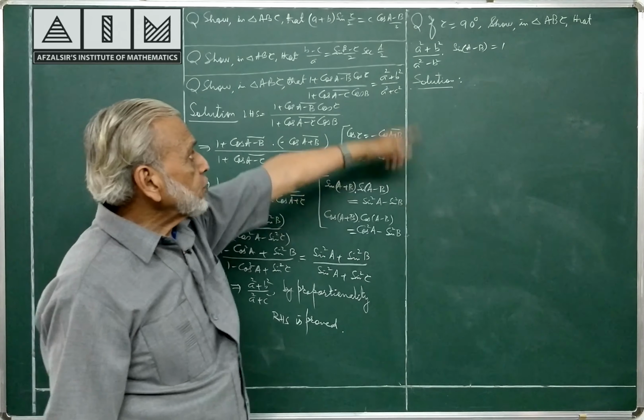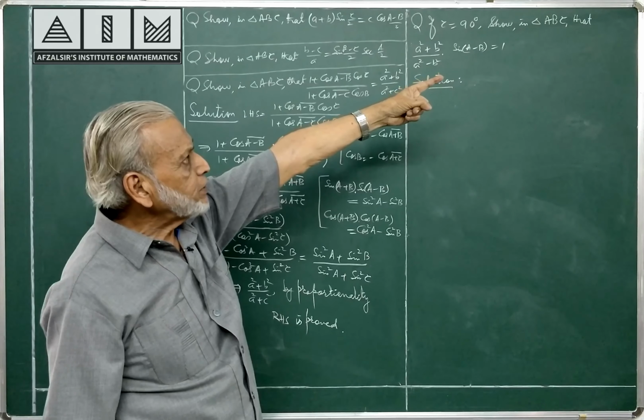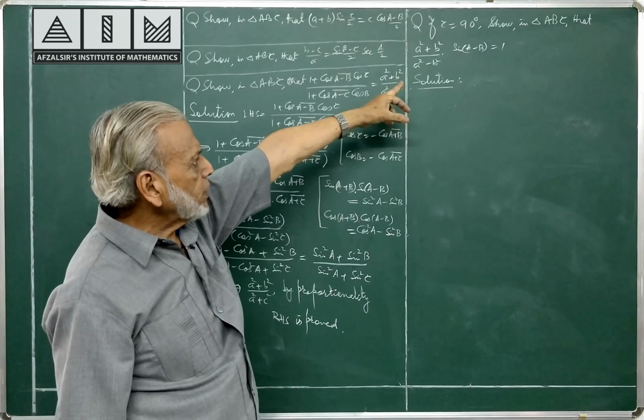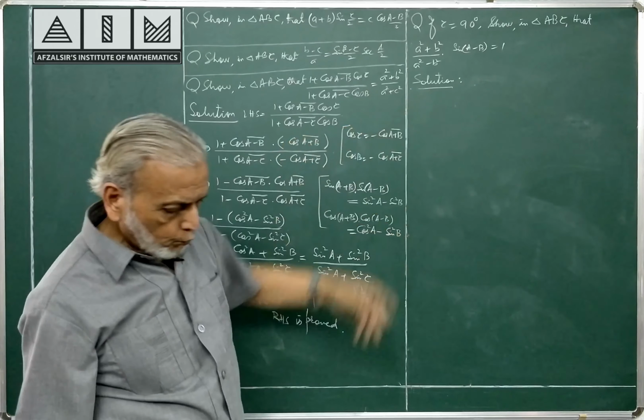One more question, please see. If C is equal to 90 degrees, show in triangle ABC that (a square + b square)/(a square - b square) into sin(A - B) is equal to 1. Look here.